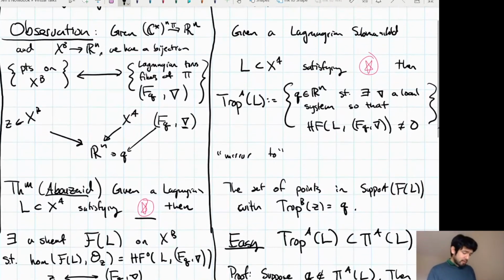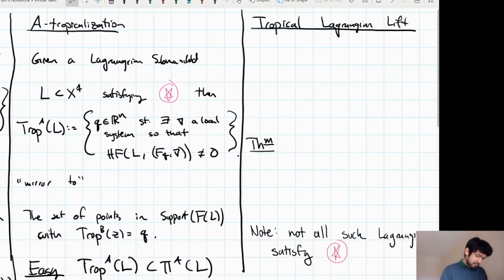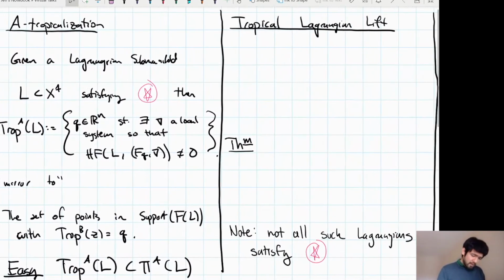Okay, so now we have a tropicalization method on the A side. Now we should talk a little bit about the realization problem. So can I take a tropical curve and lift it up to a Lagrangian submanifold? So what does it mean to have a tropical Lagrangian lift of a tropical submanifold?